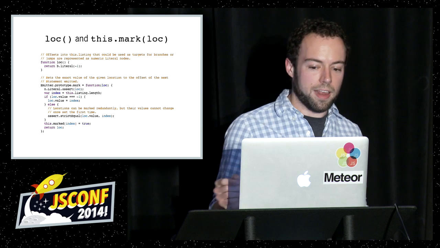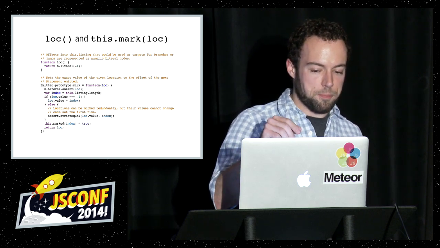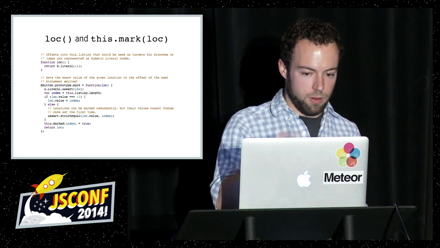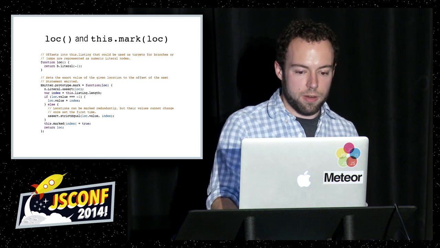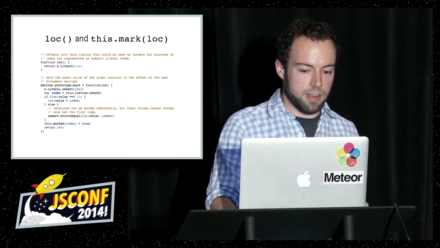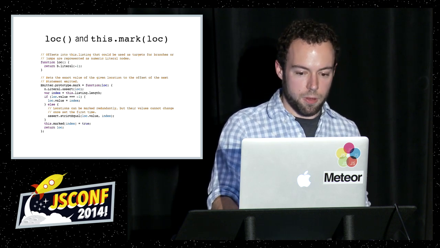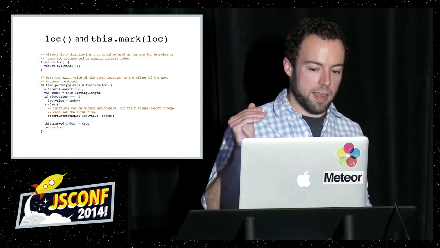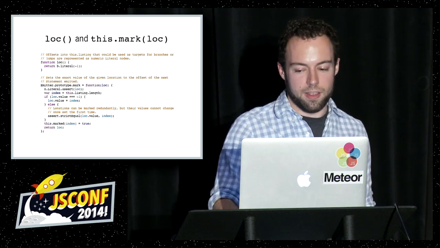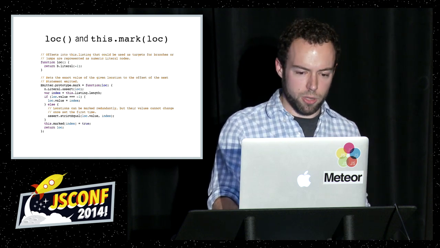So mark assigns that location to whatever literal node you pass into it, and initializes it, with some assertions about it not being already initialized. Once we've marked something, we know that we're going to emit a case statement in the switch statement eventually.